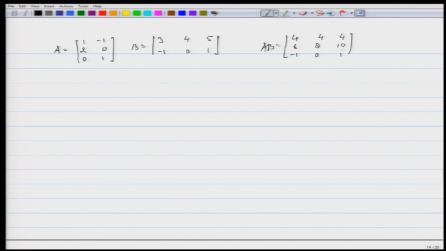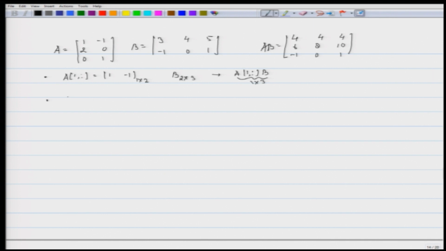All right. So now I would like to look at, so again, so here I looked at till now, I was able to talk of the first row, which was 1 minus 1. This was a matrix of size 1 cross 2, B was 2 cross 3. So I could talk of this, which is again a matrix of size 1 cross 3.